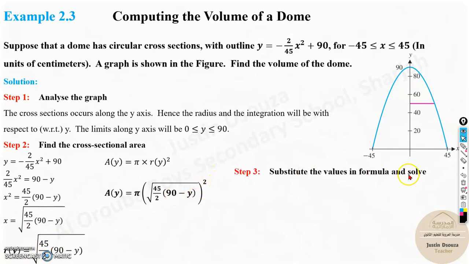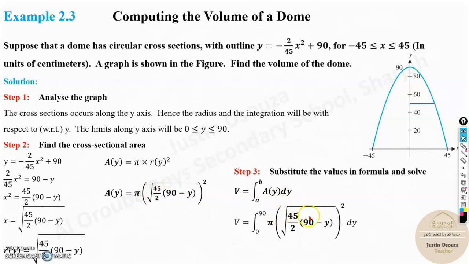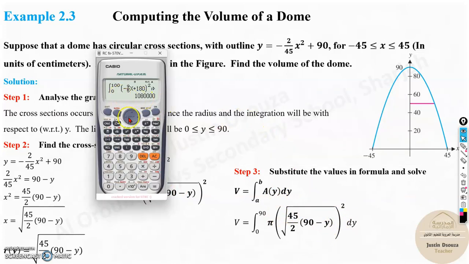Now you need to use the formula and solve, but in this formula, the interval a to b is 0 to 90. A of y, what is this? Substitute over here and dy. Put it in the calculator. Very, very simple. Just what we did now, same thing you need to do, just use the brackets properly. Shift pi and use the brackets, use the square root appropriately.